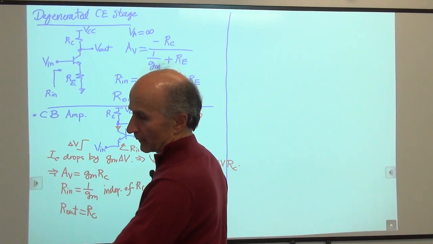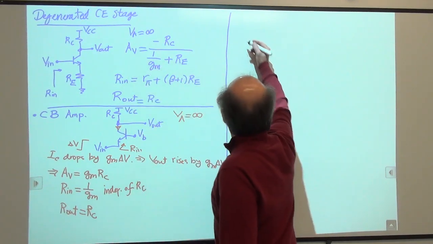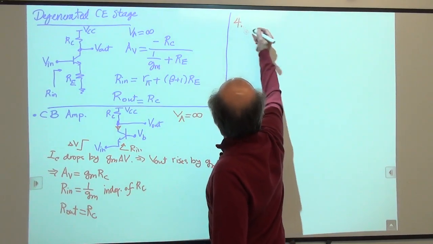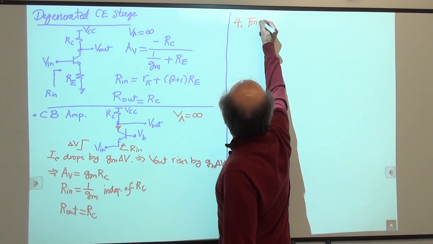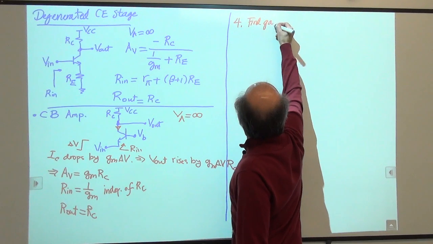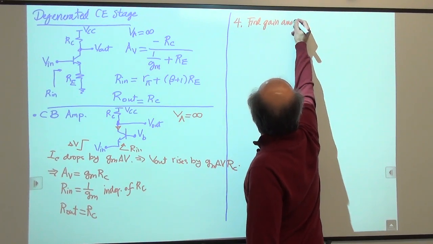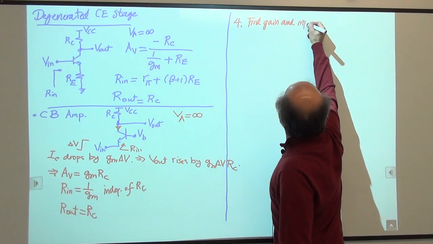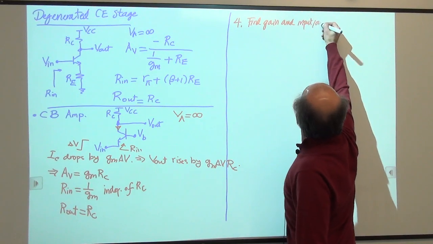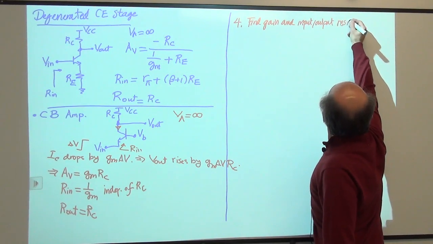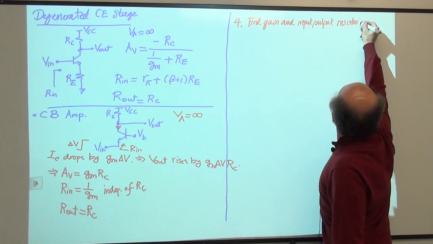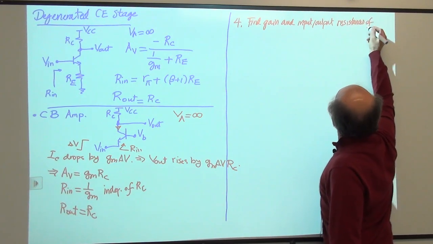So for the next problem, number 4, we have the following. We want to find the gain and input and output resistances of this circuit.